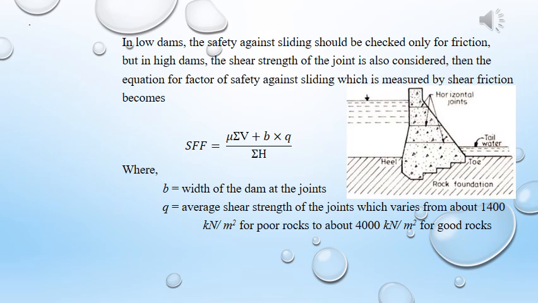If this shear resistance of the joint is considered, then the factor of safety against sliding is measured by the shear friction factor, SFF.